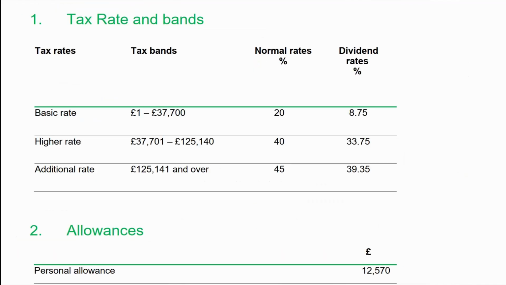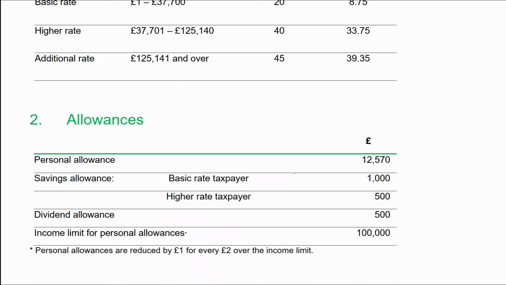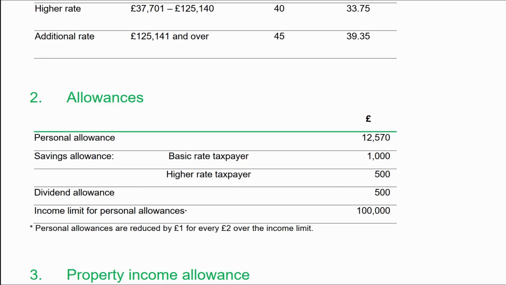So here we are in the tax reference materials, and we can see that in section 1 we've got the different tax rates and bands, but for dividends we have a different rate. For everything else we have just the normal rates. But we also can see that we've got different allowances for whether it's going to be normal income.